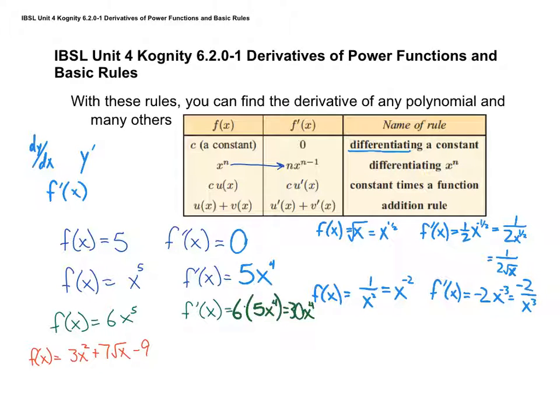A lot of them do. So if I'm going to take the derivative of 3x squared plus 7 root x minus 9, I'm going to take the derivative of each of these parts. So the derivative of 3x squared with respect to x is what?